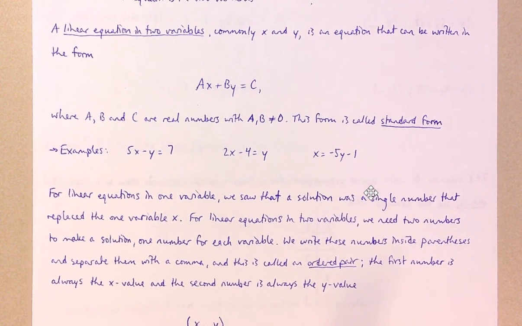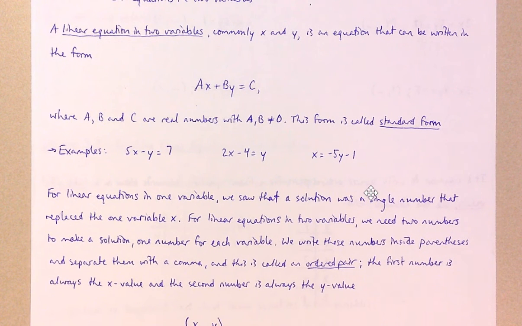When we talked about linear equations in one variable, we talked about solutions to them, and we started off easy, where we were given a value that could potentially be a solution, and we had to see if it was or not. So for linear equations in one variable, we saw that a solution to the equation was a single number that replaced the one variable that we had. Again, typically x, could be t, could really be whatever.